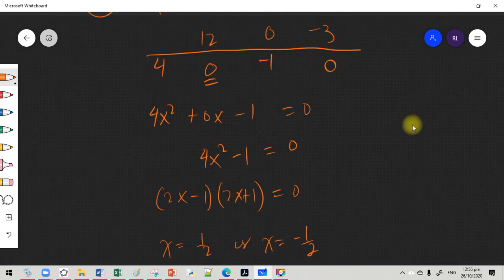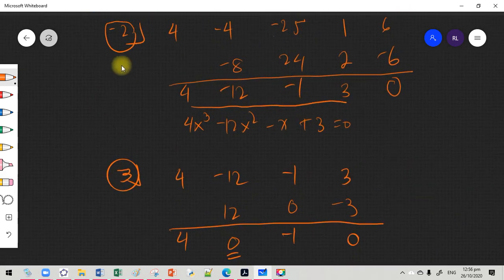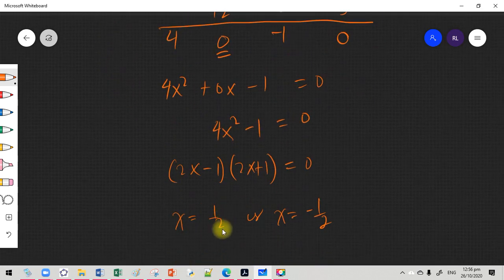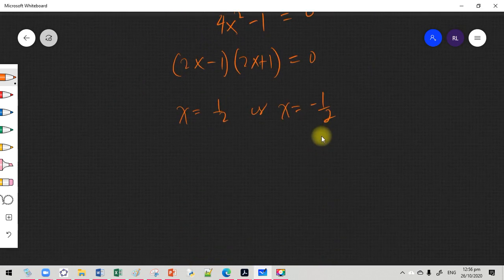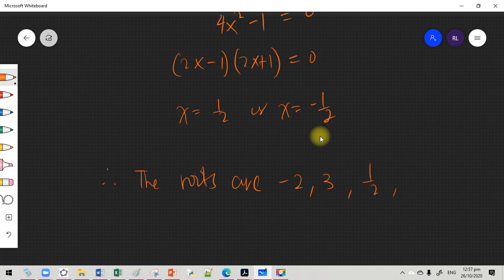Therefore, our roots are negative 2, positive 3, positive 1/2, negative 1/2. Please write this in order from least to greatest. Okay, so that's it. That's solving polynomial equation using rational root theorem.